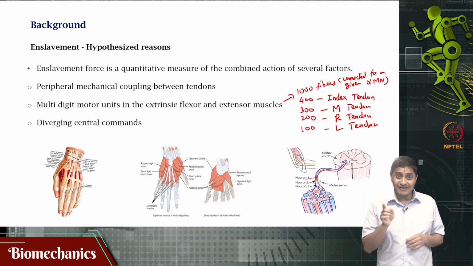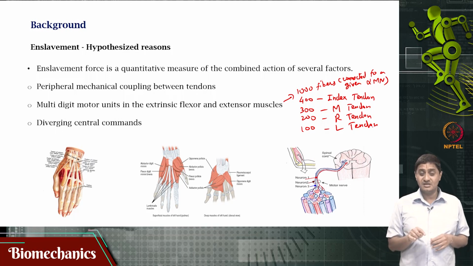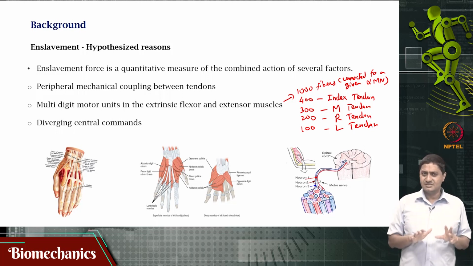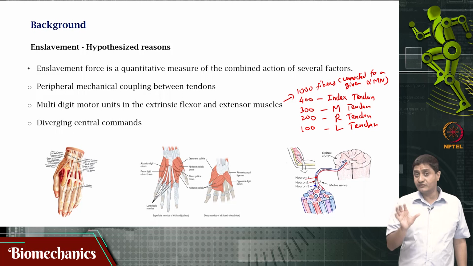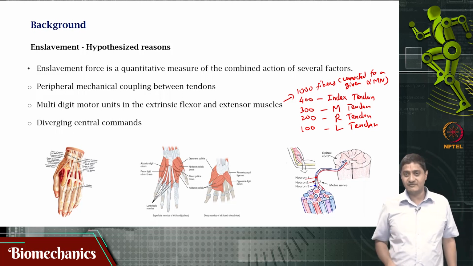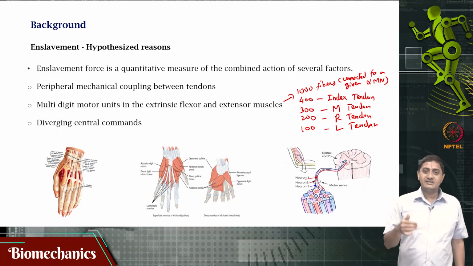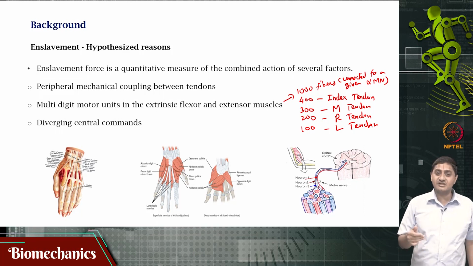Whenever the alpha motor neuron is firing, the muscle fibers will produce an action potential and contract. This is a known fact. So, whenever this alpha motor neuron is firing, all 1000 fibers will get activated, but they will have differential consequences on the four fingers.